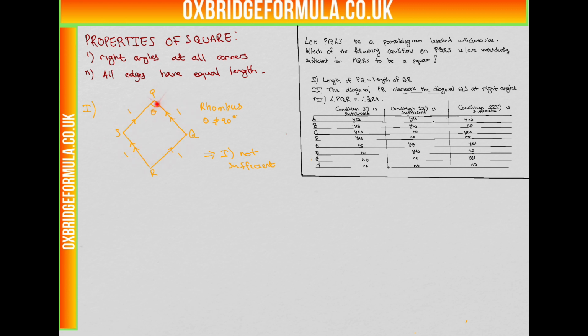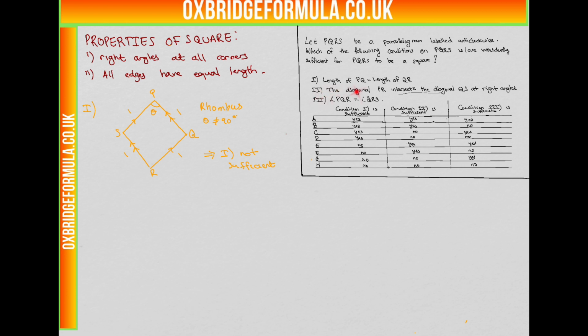But the angle at P, for example, doesn't have to be 90 degrees. It could be anything, like 120 degrees. So a particular counterexample would be a rhombus with the angle being, say, 120 degrees. So 1 is not sufficient.